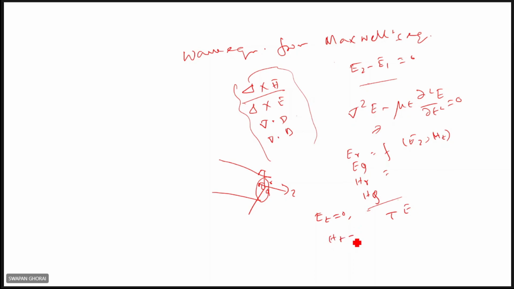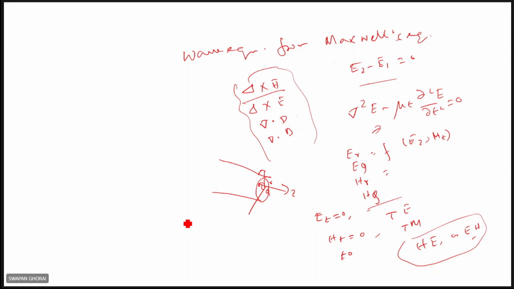When Hz equal to 0, we have the TM modes. When Ez and Hz are both non-zero, we have the hybrid modes, HE or EH. In other waveguides, you cannot see hybrid modes because they are hollow waveguides. The fiber is solid, which is why hybrid modes exist in optical fiber.